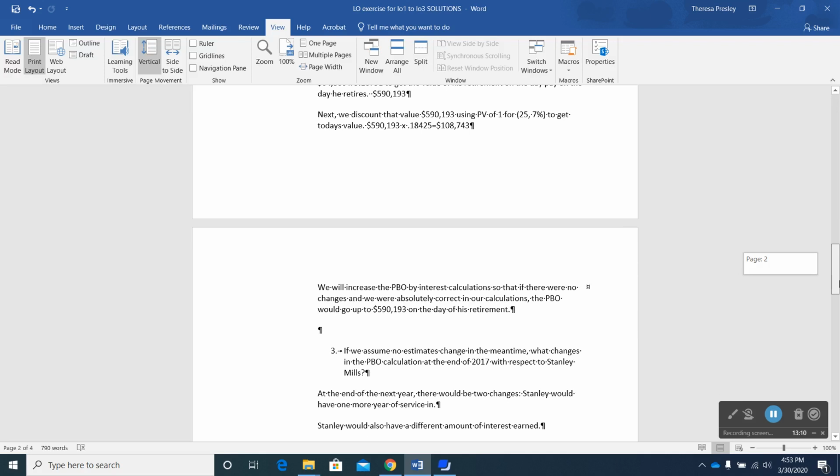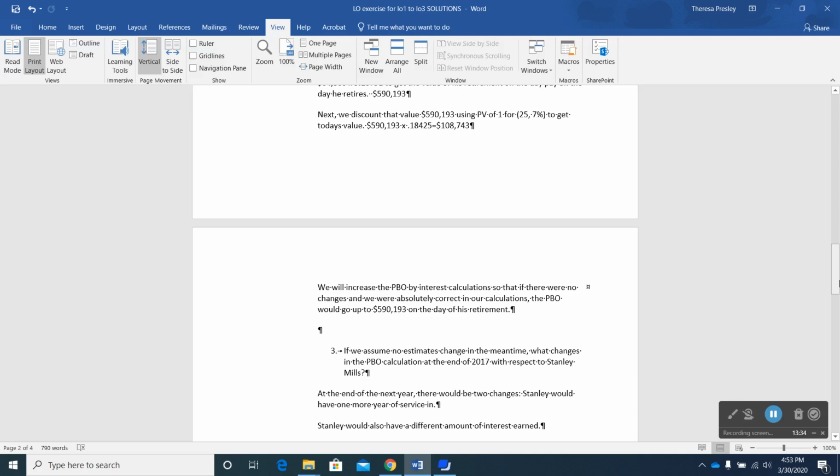So what would happen if we went another year? If we went another year, you would be moving your first hash mark, and so you're not in 2016, you're at 2017, which means the difference between 2017 and your retirement date is going to be narrowed, right?